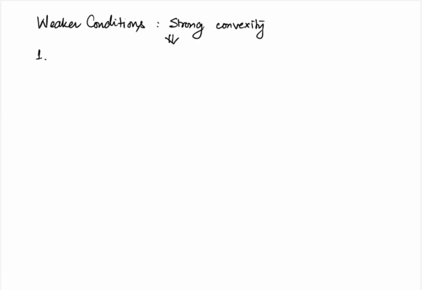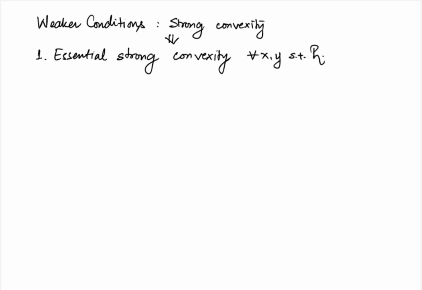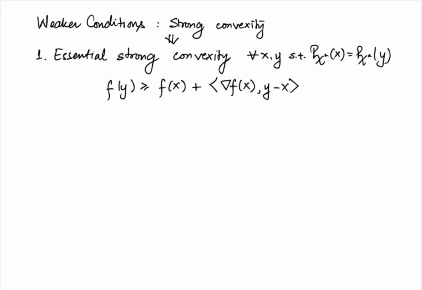The first is the essential strong convexity, which is that for all x and y such that the projections onto calligraphic X star are the same, f of y is greater than or equal to f of x plus inner product of gradient of f at x, comma y minus x, plus mu by 2 norm square of y minus x.